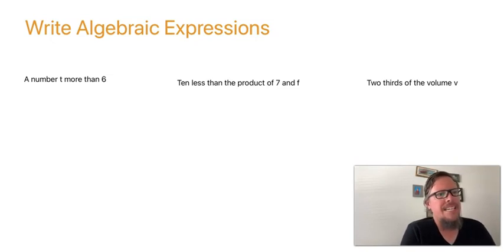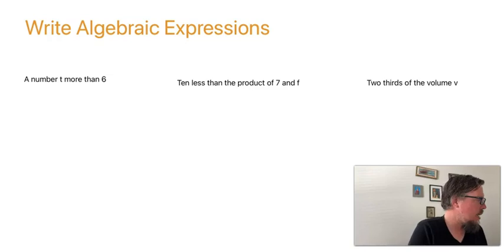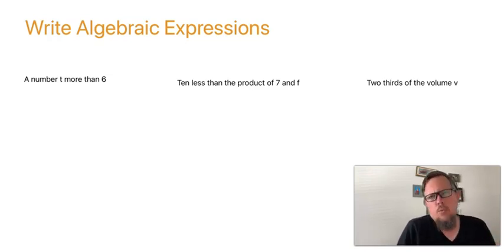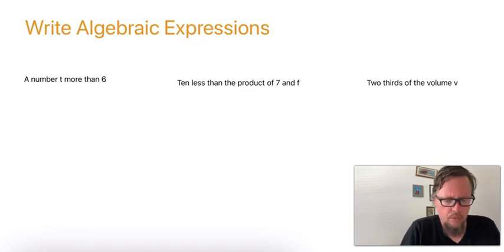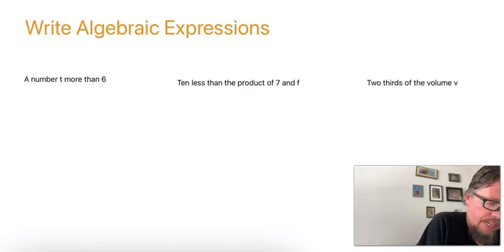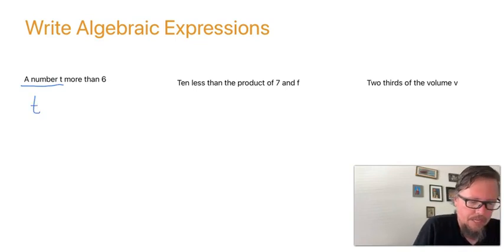A number t more than 6. There are two different ways to write this, but there's one that I really prefer. First of all, a number t just means the variable t.